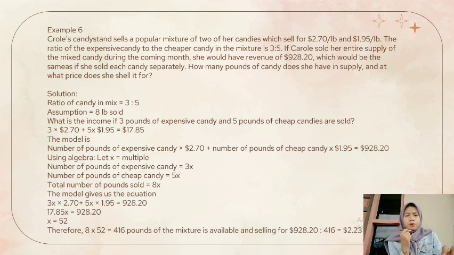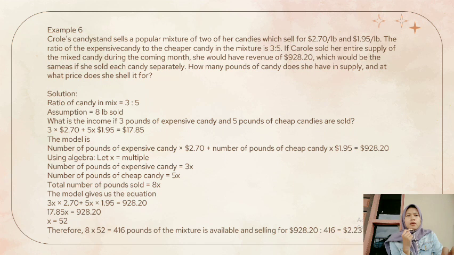928.2. We divide both sides by 17.85 to get x, so that x equals 52.